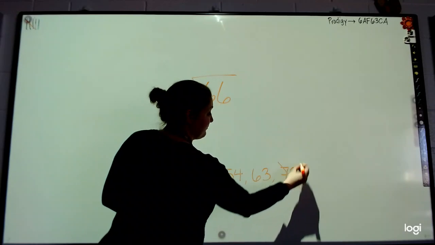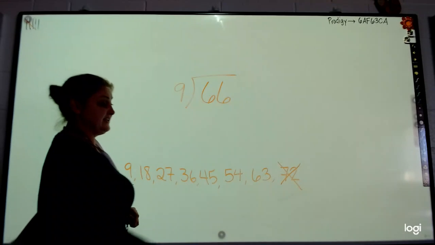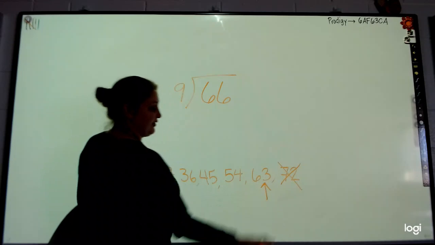So that won't work. So 63 is as close as we can get without going over.